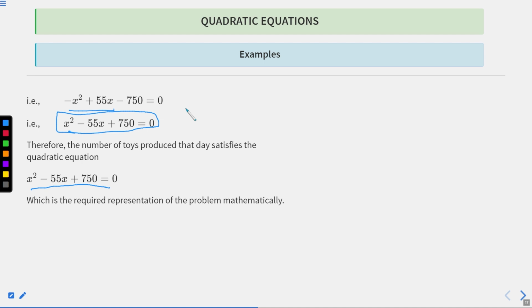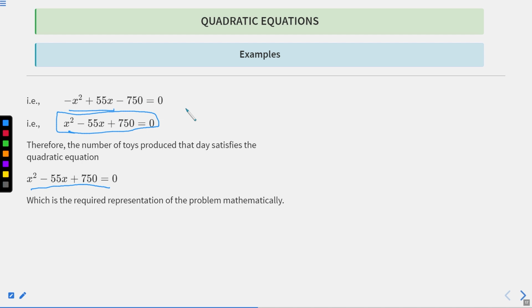There we'll see some methods to solve quadratic equations. We'll learn two methods. The first method is to solve by factorizing the quadratic polynomial. We know how to factorize a quadratic polynomial by splitting the middle term, and we can use that method to find the solutions.